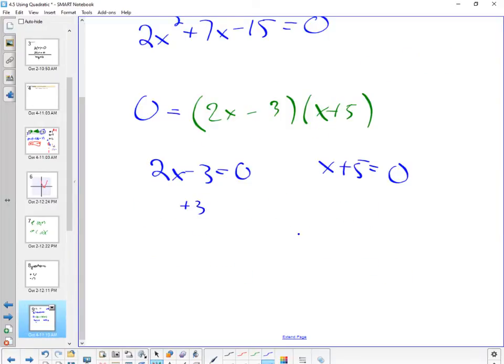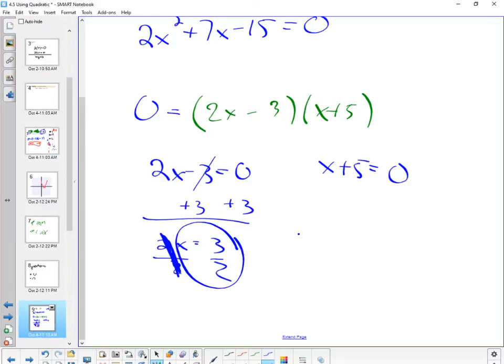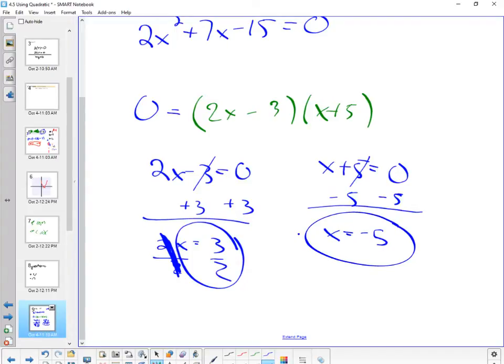I'm going to go plus 3, that's 0. 2x is equal to 3. Divide by 2. What is this? That's one of my x-intercepts. Let's go over here. Minus 5 minus 5. Guess what this is? That's my other intercept. So when I'm going to graph it, that's my 2 x-intercepts for that parabola. That's it.